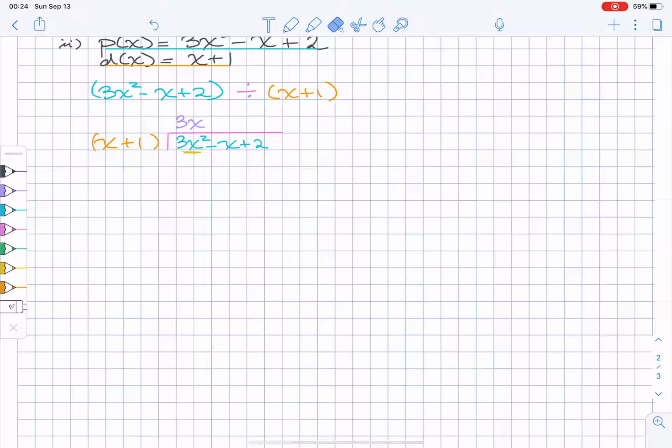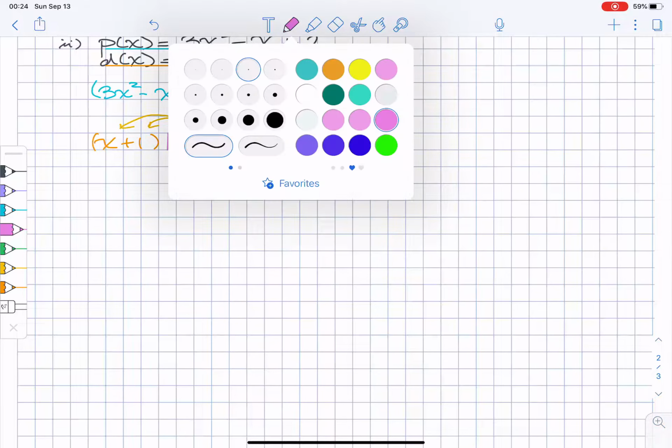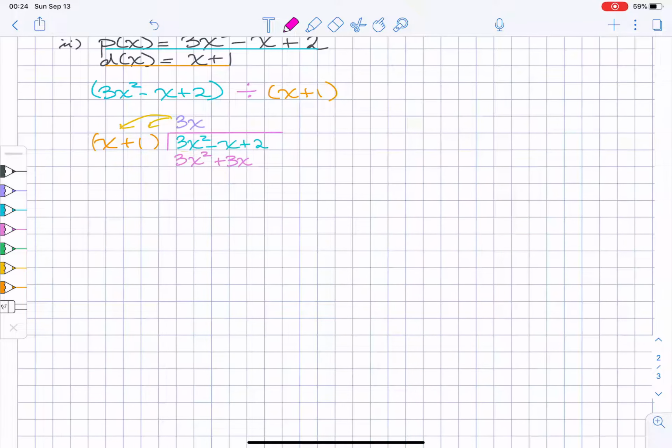Then I distribute 3x to each term of the divisor, which gives me 3x squared plus 3x, which I then subtract from the line above. The 3x squareds go away, and I'm left with minus x minus 3x, which is minus 4x. Then I can drop down the 2.